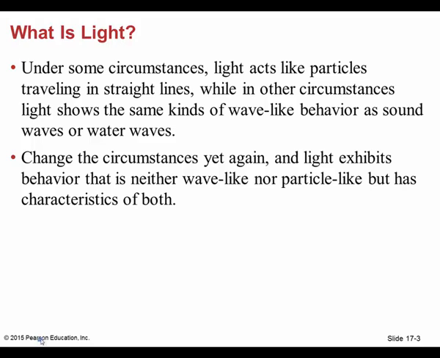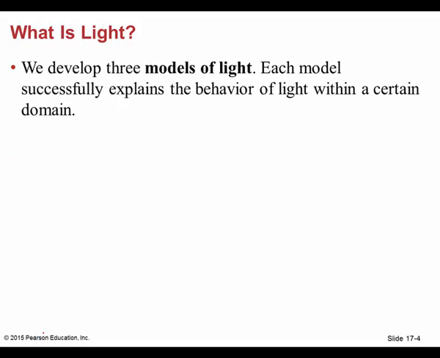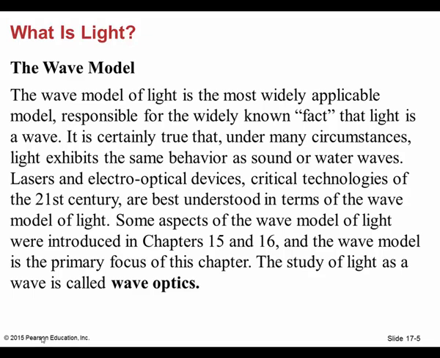And so light can behave in different ways. There are different models of light. We have three models. The wave model, which is one that's probably fairly easy to understand in that we see light as a wave. Here they tell you about water waves.